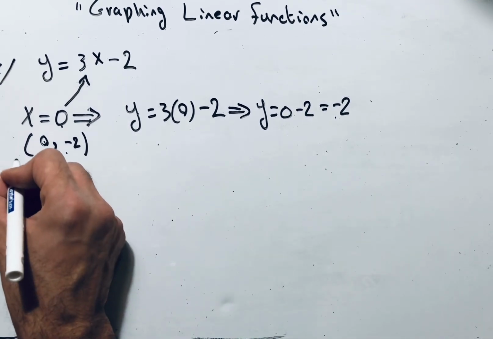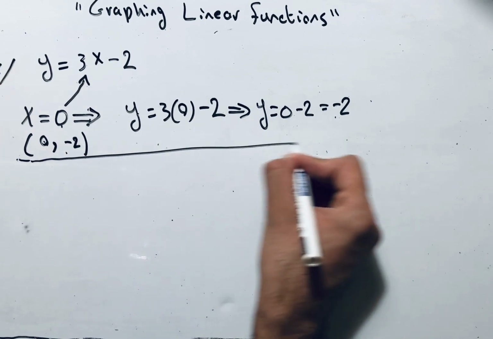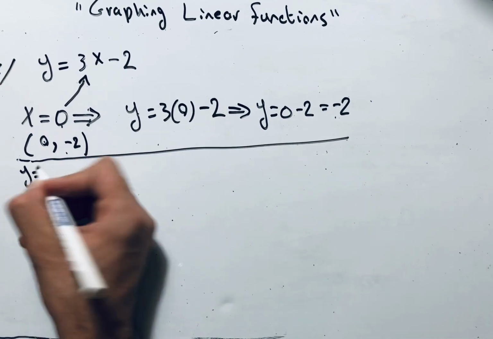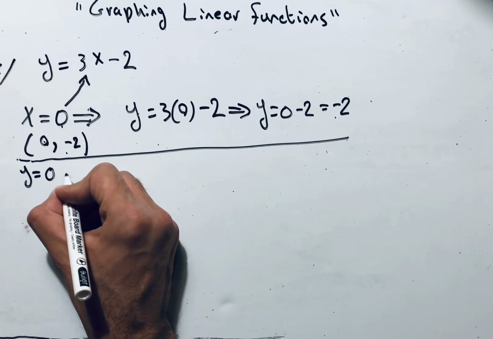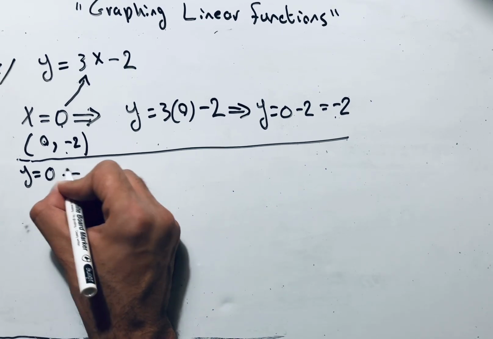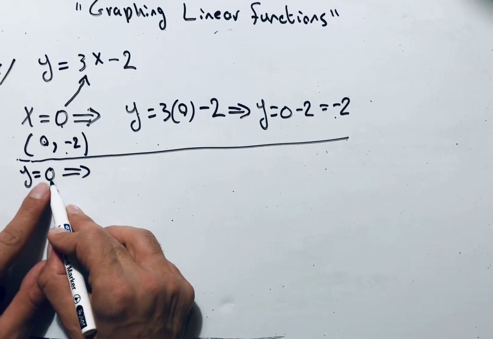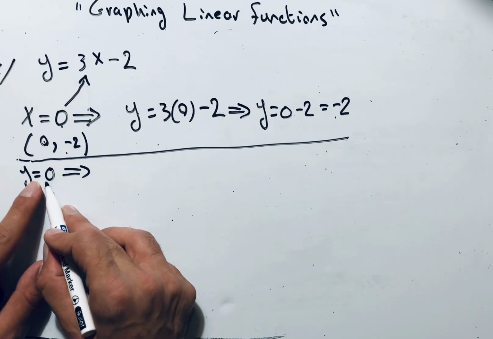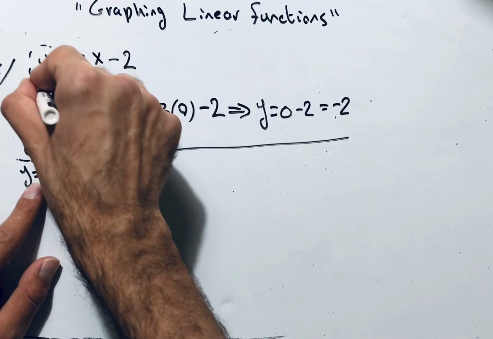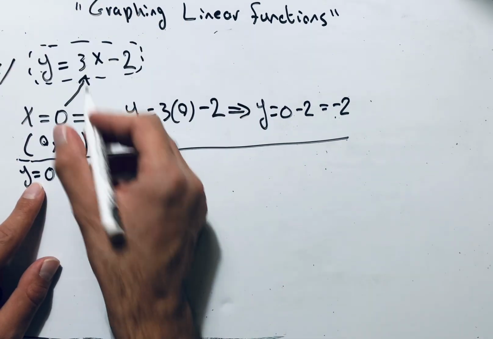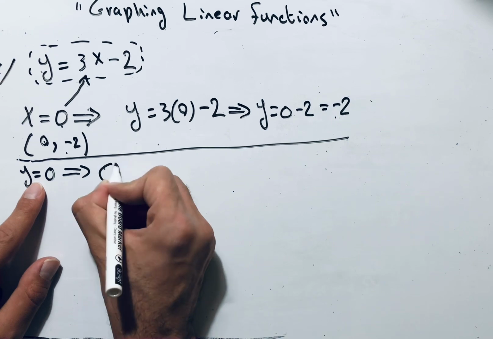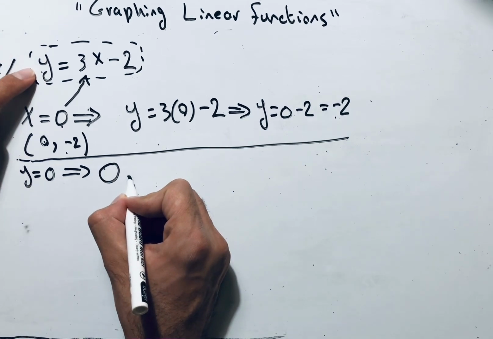We're going to be doing the same thing, but we're going to change roles. So we're going to set y being equal to 0. Okay, and then we're going to be putting y equal to 0 again in this equation. So the equation says y is equal to this, so I can put 0 here at the left side.